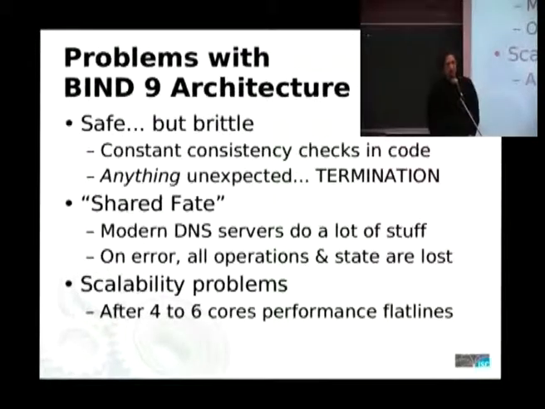The final problem with the architecture of Bind9 is that it doesn't scale that well. You can get it to scale up to between, say, 4 and 6 cores, but beyond that, additional cores don't help. They don't really hurt. It's not like you have a performance drop-off if you run it on 12 cores or something. It'll be slightly less performant than, say, 6 or 5 cores, but it's not a major problem.